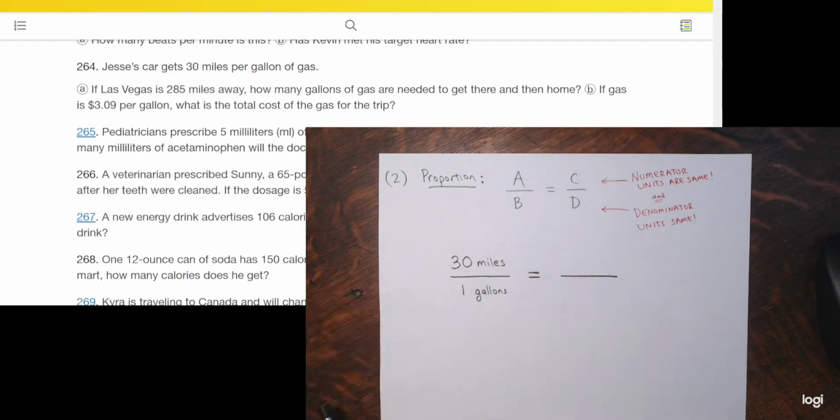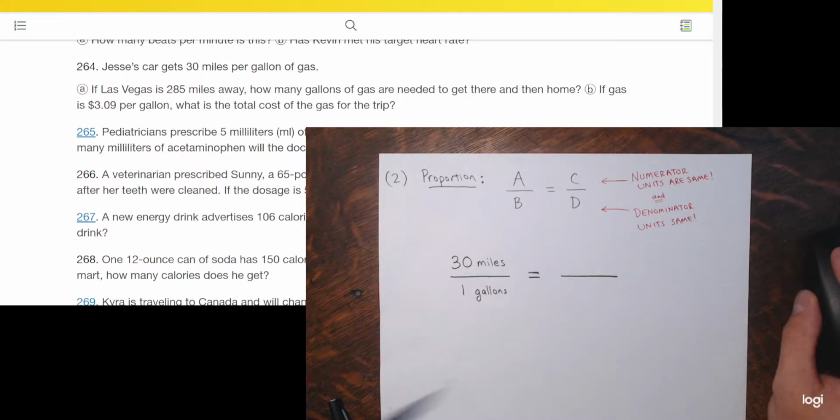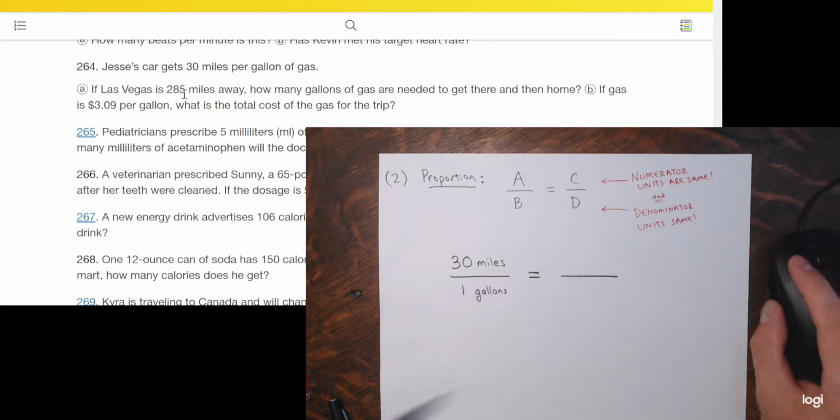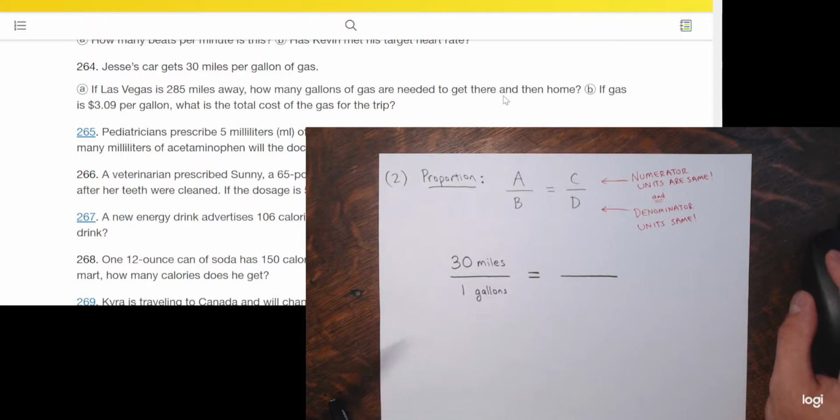Now, remember they said there and back, right? The question is how many gallons of gas are needed to get there and home. And Vegas is 285 miles away from wherever Jesse is. So we're doing this twice. I hope this makes sense. It's 285 miles there, and then 285 miles back.